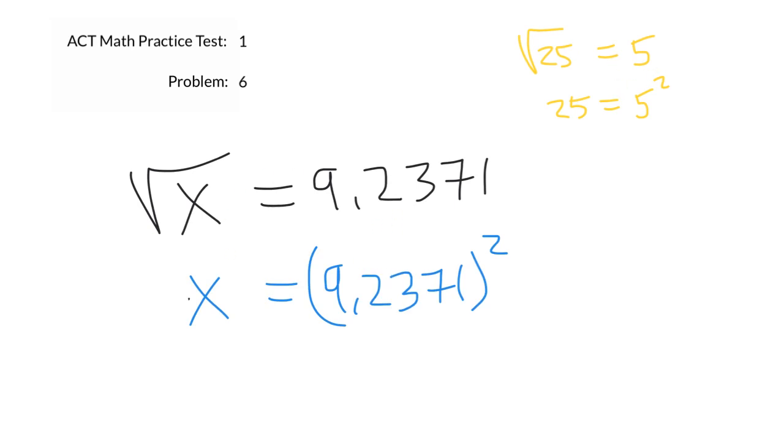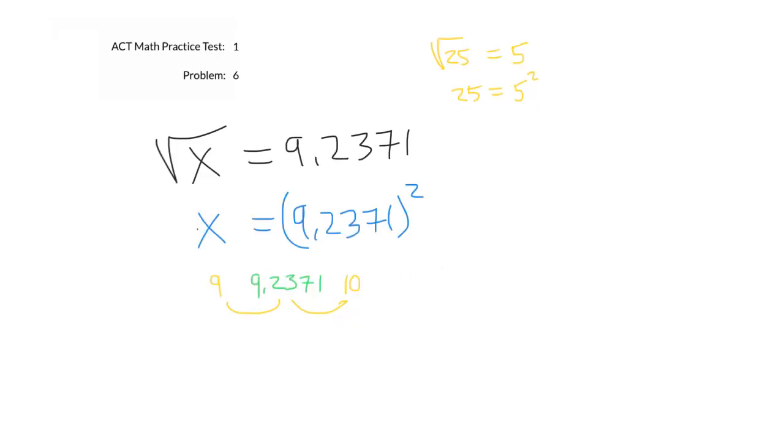Okay, and the bottom line is what we could do is just realize, well, 9.2371, which I'll write right here, 9.2371. Well, that's most definitely in between two numbers. One number is 9, and the other number is 10. And what you could do is the following analysis.